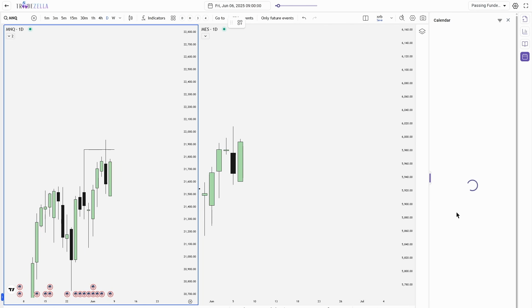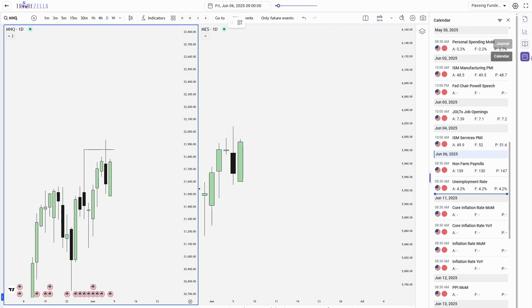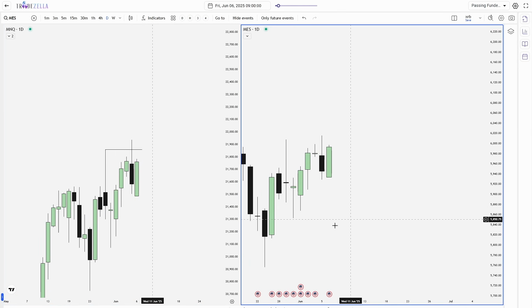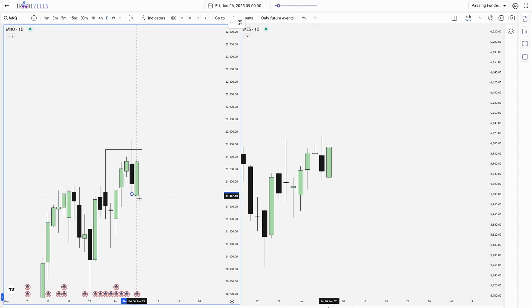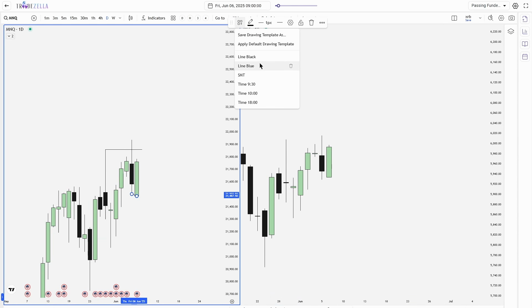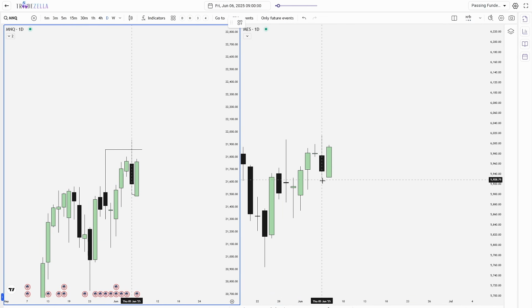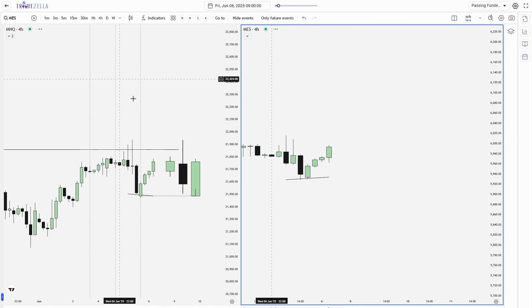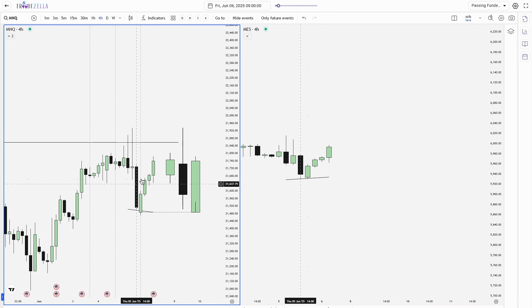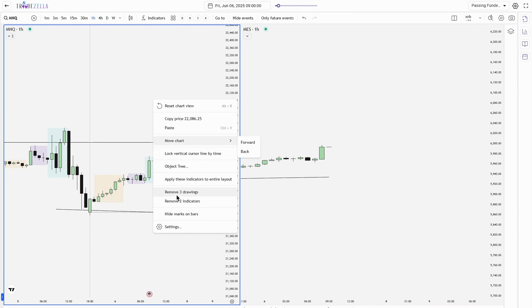We expanded higher, which is unexpected because we don't really have a daily wick. We have SMT at the previous day low with the ES, and if you go to the forward chart, we're kind of expanding away from the daily open.